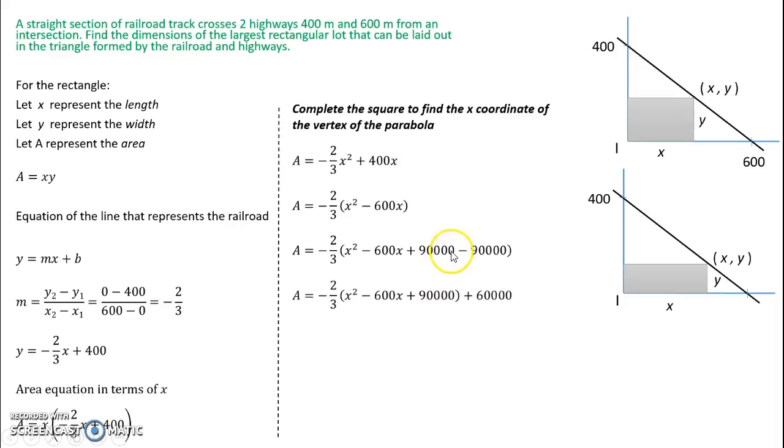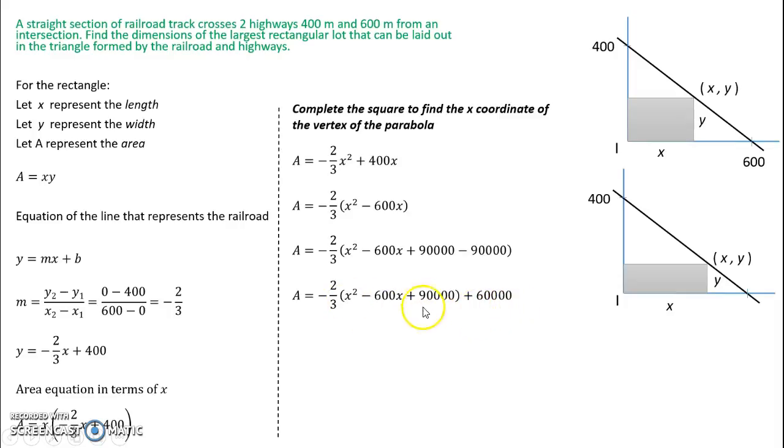Next, we take the negative 90,000 out of the bracket, multiplying it by the negative 2 over 3 outside, and we get 60,000.